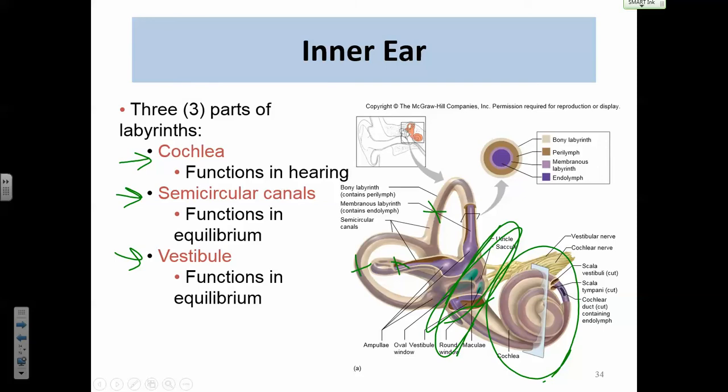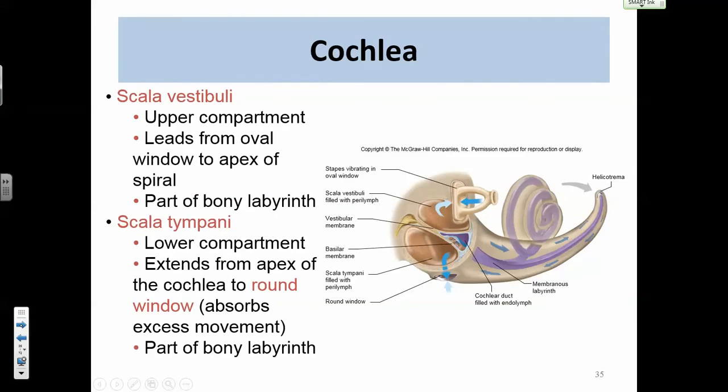All right. Now, if we look more closely at the cochlea, on this picture you can see that they've uncoiled it. Do you see that? And then the cross section of it does not look like the cross section of a semicircular canal, which is what that other cross section was.